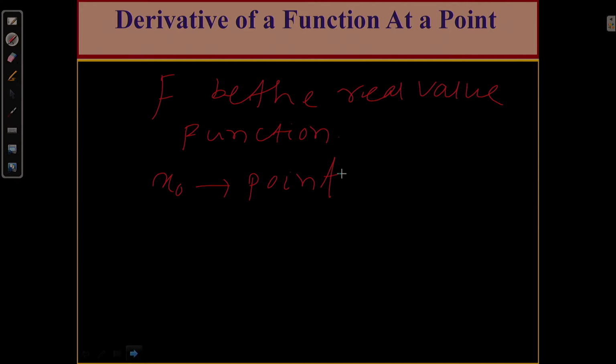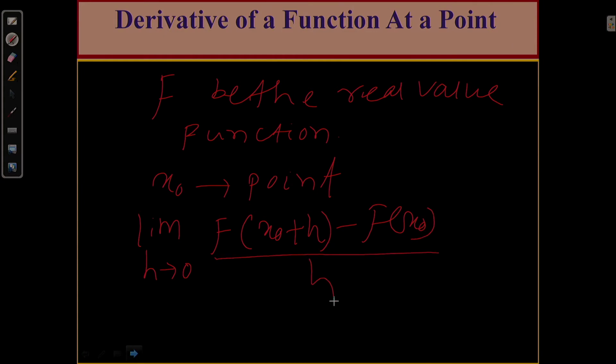Now, when talking about the derivative of a function at a point x0, I can say the limit as h tends to 0 of f of x0 plus h minus f of x0, divided by h. This limit is supposed to exist.